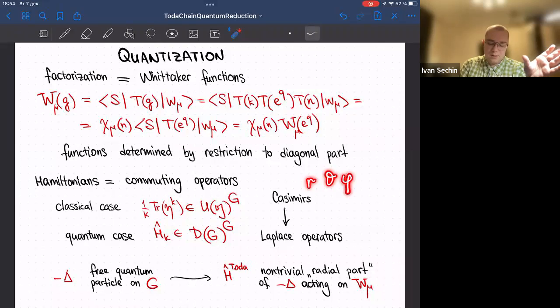And here we obtain that our radial part is non-trivial. And this is the quantum Hamiltonian reduction over the SO3 action. And in our Toda case, this is a quantum Hamiltonian reduction over the n plus times k action.